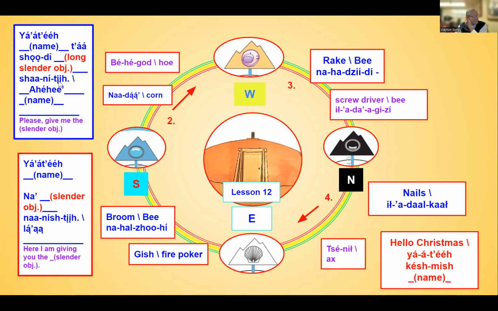So it's a command. You're asking somebody that you introduce yourself. For me, Max. Ben Hatzide Shaanítįįh. Please give me that rake. Ben Hatzide. All right, or the long slender thing.